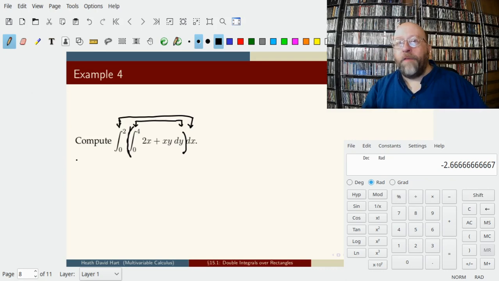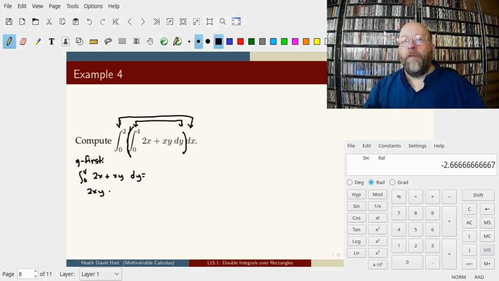So we're going to do y first. And we're looking at the integral from 0 to 4 of 2x plus xy dy. The integral of 2x with respect to y is just 2xy. It's the integral of a constant with respect to y, so we just gain a y. The integral of xy with respect to y is 1/2 xy squared. And we're going to integrate that from 0 to 4.